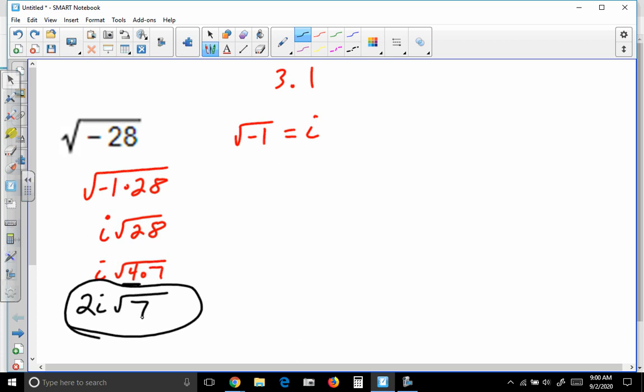And that's typically the order we write it in. If there's a number out front, it goes in the very front, followed by our i, followed by our radical. So that's simplifying a square root of a negative.